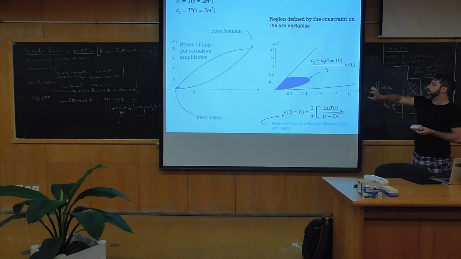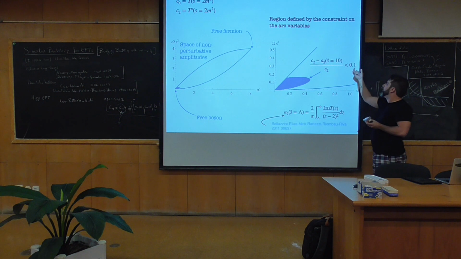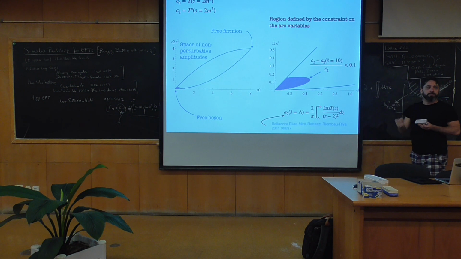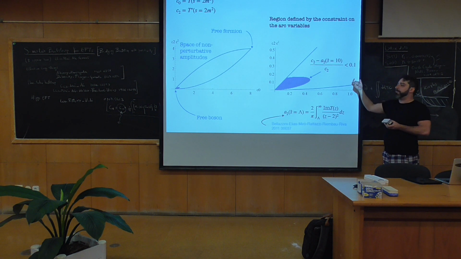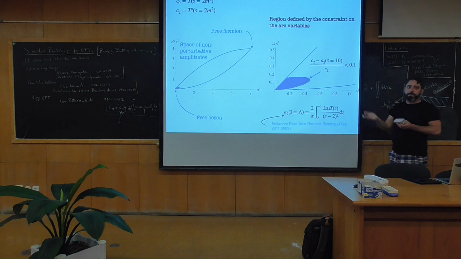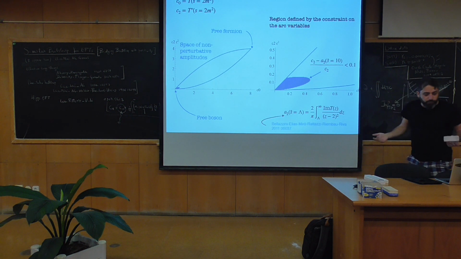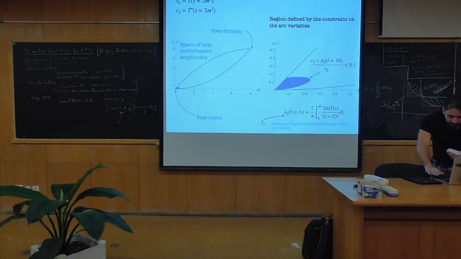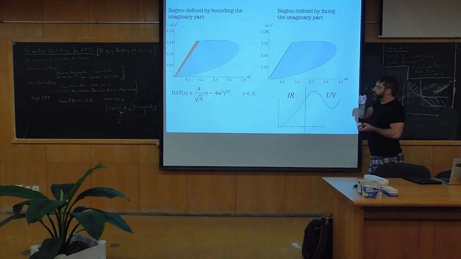Okay, we did around the free boson, we find the region around the free boson, and of course this region will depend on these parameters, on the cutoff and on how small you want the imaginary part. So this is the pheno part of this problem, in the sense that we need to take this number from experiments. Okay, so we'll take lambda 1 TeV when we want to compare with the LHC. Alright?